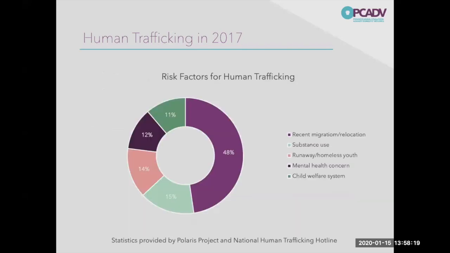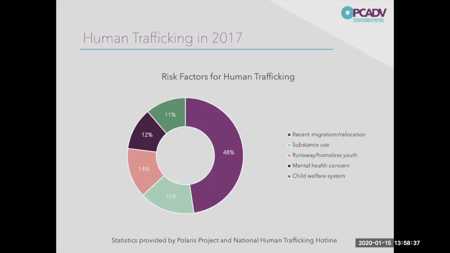So we talked about risk factors, and bear in mind that these risk factors are the combined risk factors of labor and sex trafficking. So we see a full 48%. The risk factor was recent migration or relocation.